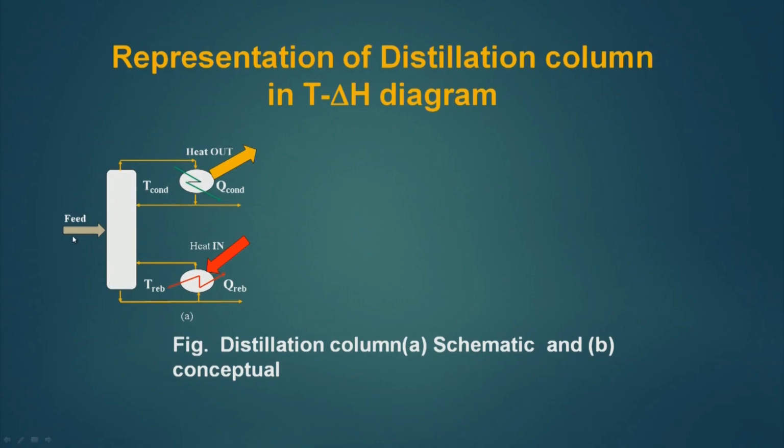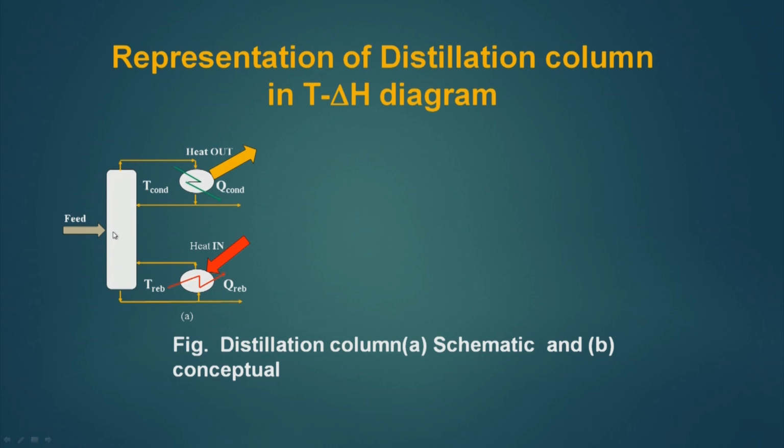Now, this shows a schematic distillation column. This is the bottom product, it goes to the reboiler, the reboiler is heated by a hot stream, and the vapor goes here.